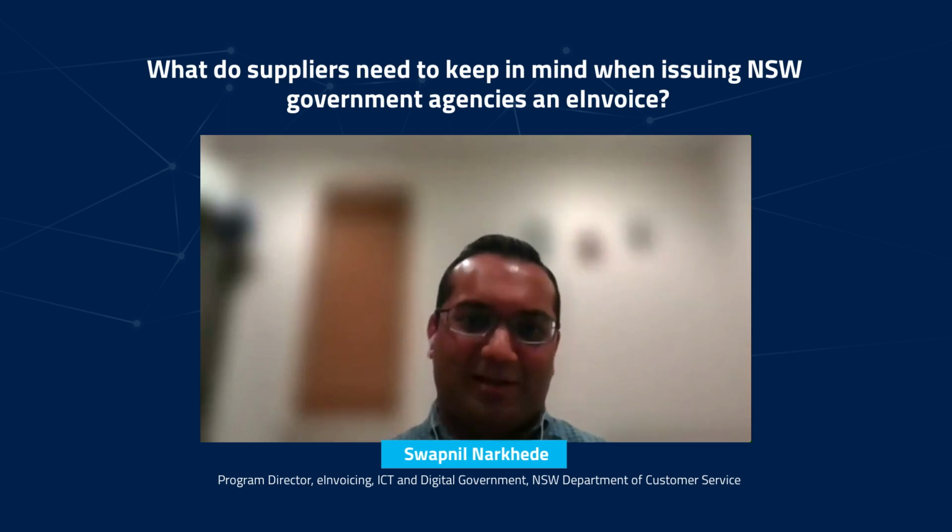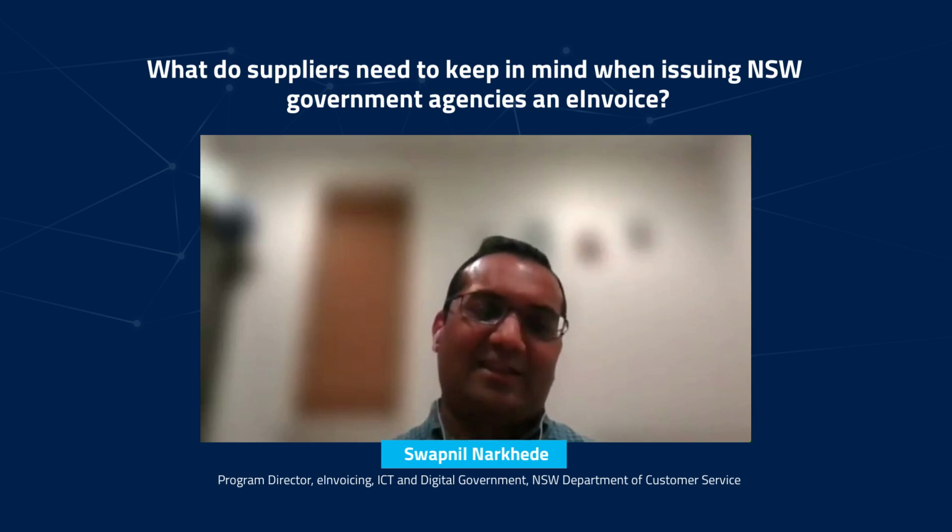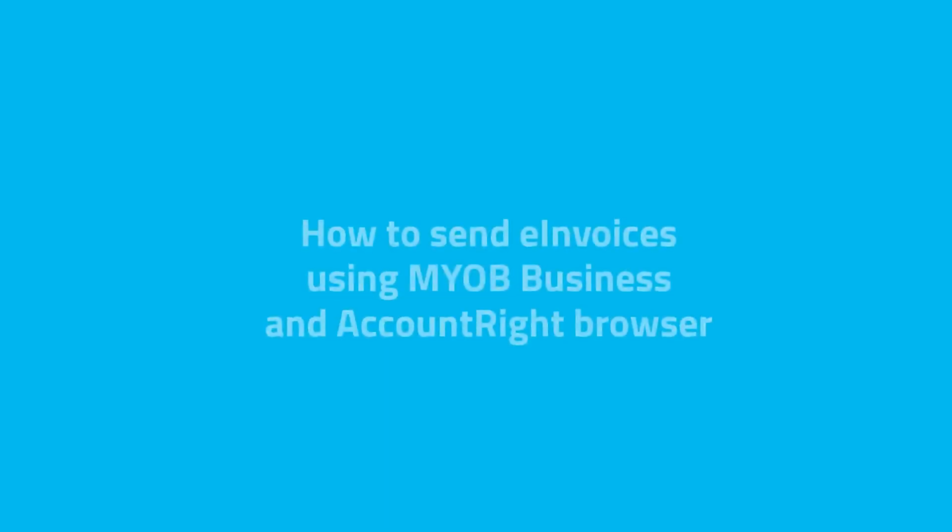That's one of the primary reasons why a purchase order is absolutely mandatory for us to receive e-invoices. The second thing would be the bank account details, because at the back end, most of the agencies have set up some validation controls just to provide that additional level of assurance that the invoice that is received is from an appropriate vendor that we are dealing with.